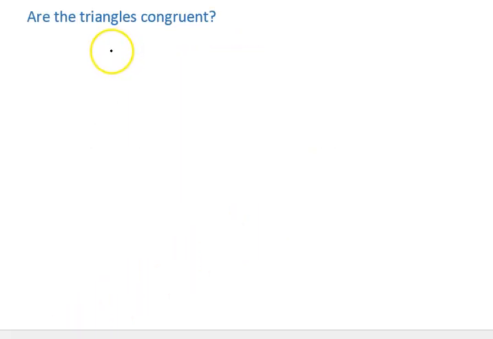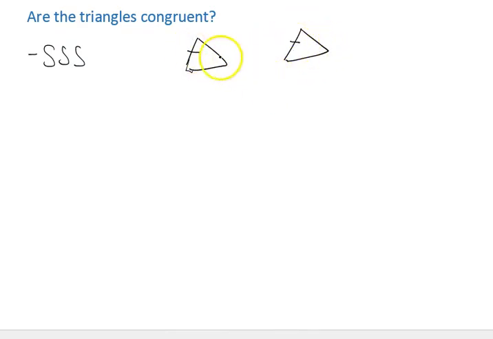The next important question that may need to be answered is, are the triangles congruent? And there's 5 different ways that you can prove that they're congruent without having to match up every single angle and every single side. The first one is side, side, side. What that means is I have a picture with two triangles in there, and I can tell that all three sides have a matching counterpart in the other triangle.